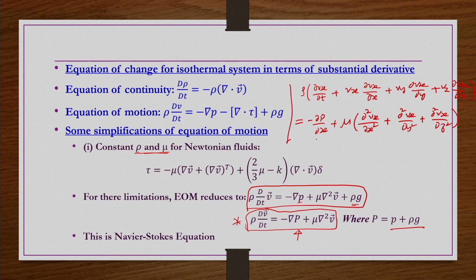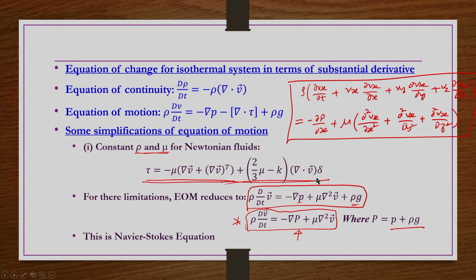This is the x component of the momentum equation for Newtonian fluids, which is also known as the Navier-Stokes equation, x component. Similarly, the y component and z component also we can write. You get this simply by using this expression in place of tau and then simplifying it.